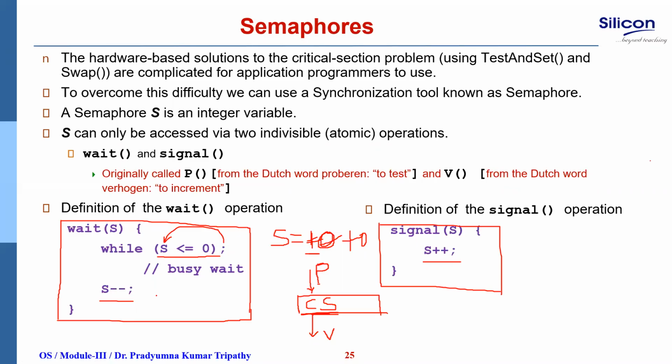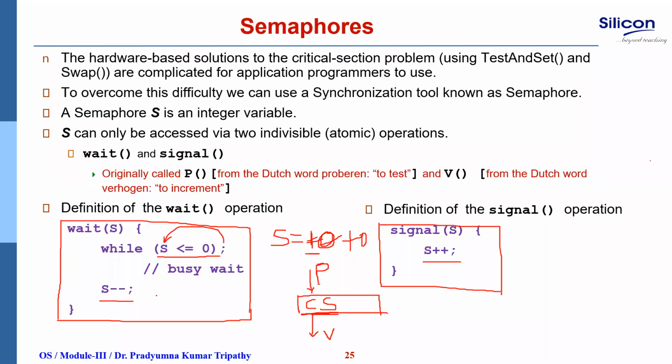Suppose I have 15 resources, one resource is allocated, we make it 14. Another resource allocated, we make it 13. Every time one resource is subtracted by decrementing S. And when S becomes 0, it will wait. While coming out, one resource has finished execution, so S is incremented, that means a resource is available.